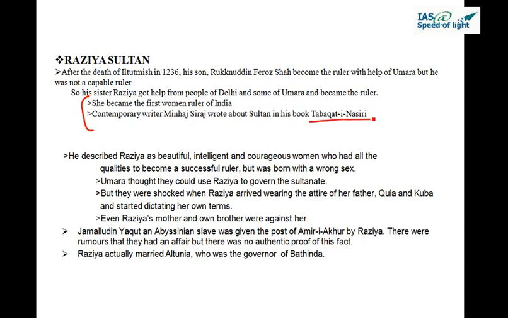Now, Minhaj Siraj described Razia as a beautiful, intelligent and courageous woman who had all the qualities to become a successful ruler but was born with the wrong sex. Now the religious leaders and the nobles, who were the Umaras.